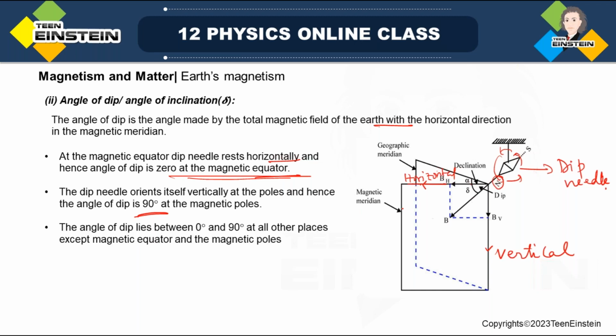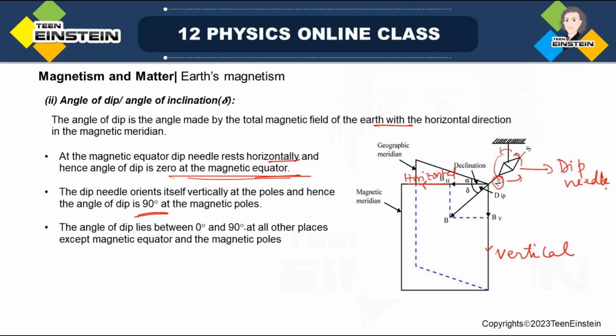Therefore, the angle of dip lies between 0 degrees and 90 degrees at all other places. At the equator it is 0, at the pole it is 90, and elsewhere it is in between. So this is about the angle of dip.